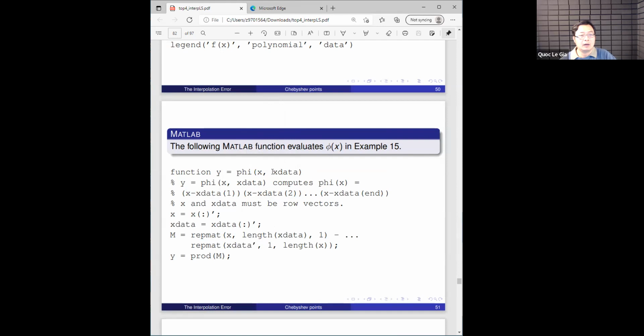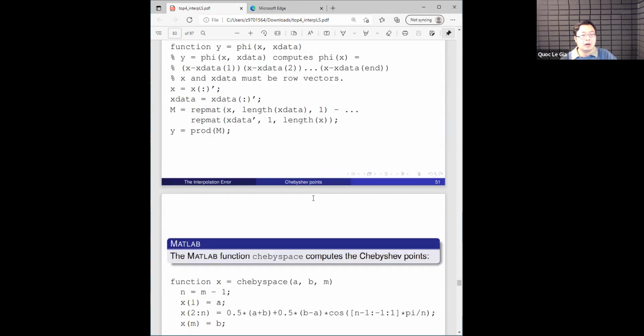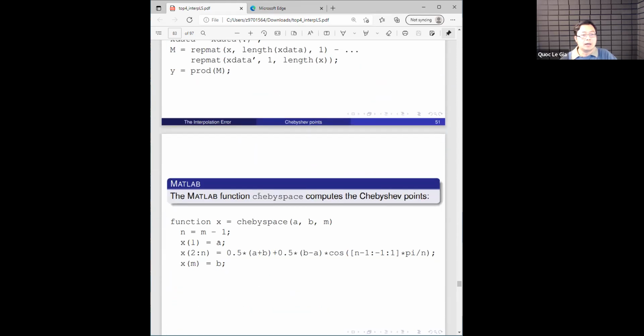And so then it's easy for you to plot, and the x data are given as a vector. And this one is another function for computing the Chebyshev points. Here we just apply the formula. We just translate the formula into MATLAB. Pi in MATLAB is just written like this.